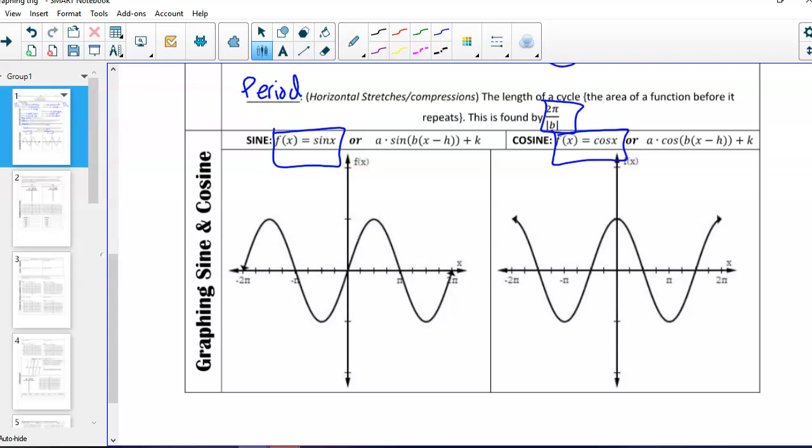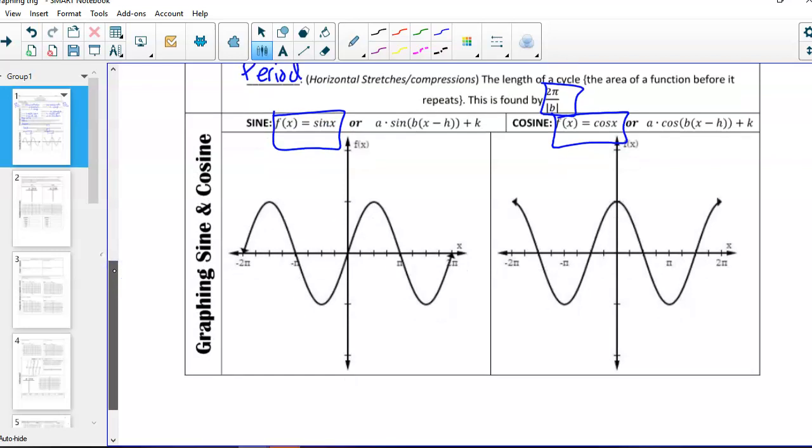When you look at your sine function and your cosine function, they almost look the same. They just start at different places. These are really the same, just one has been shifted.